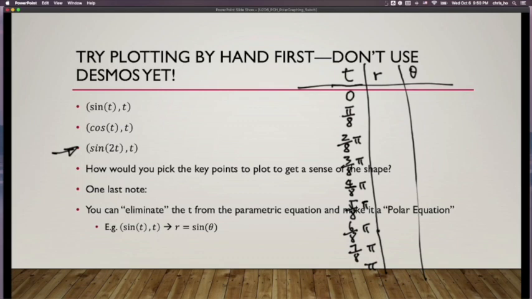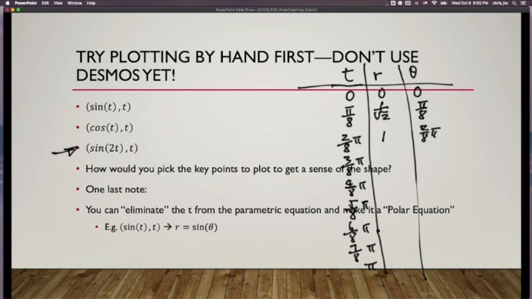All right, when t is 0, r is 0. When t is pi over 8, 2t becomes pi over 4. Sine of pi over 4 is 1 over root 2. And theta is pi over 8. And when t is 2/8 times pi, 2t of that is actually pi over 2. And sine of pi over 2 becomes 1. And this is 2/8 times pi.